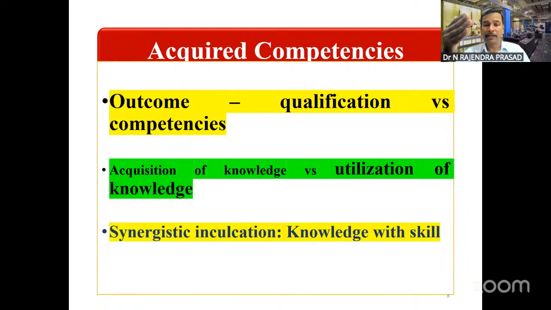After all, the BE degree is not making him employable. The related skills are very important. So the more qualifications you have, the more skills you have to acquire. That is very important. So in this context, you should instill the skills in the students. There should be some hybrid aspects involved in the qualification in the form of the outcomes. All these are known as acquired competencies.